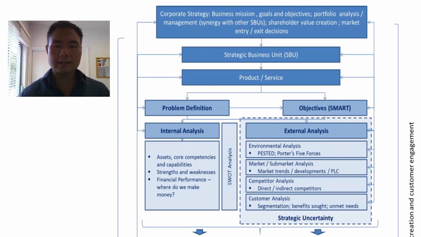The internal analysis, which I did mention, is part of that marking rubric. So that's asking you to analyze the business in terms of its assets, its core competencies, capabilities, its strengths, its weaknesses, etc. So those of you that have access to the CEO of the company, or some person that has a foot in the door of the company, will have better access to this information, right? And so that was one of the recommendations. We said that it was an advantage to work with a local business that you have contact with.